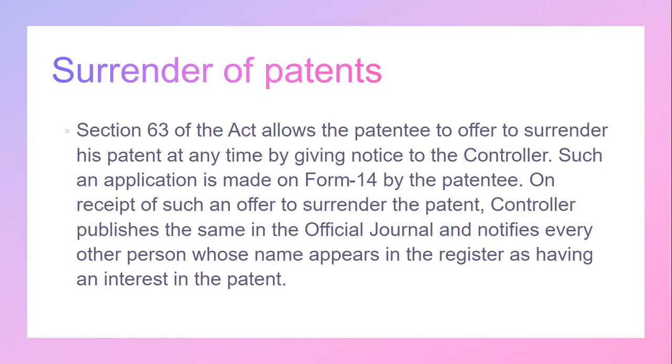That's very valid, that we can always allow it to lapse and not pay the renewal fee. But sometimes people feel, okay, let me just surrender it, because let's say I have already paid the renewal fee for 10 years in advance, and my relationship with my licensee has gone sour. I don't want to keep this patent in force, and now I don't want to use this patent because my licensee is misusing it.